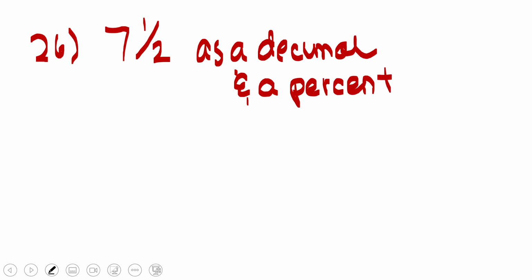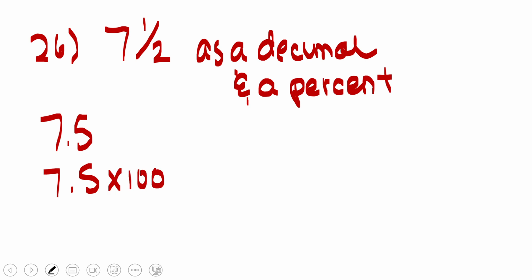Alright, so this would be 7.5 as a decimal. And then you would have 7.5 times 100 to get to the percent. That's 750%, guys. Because you'd move your decimal twice here and annex a 0 to get there.